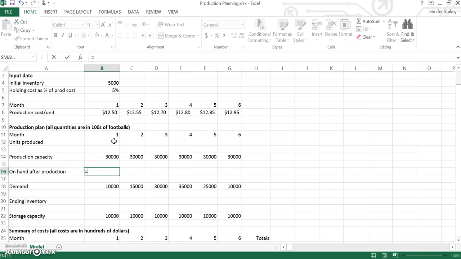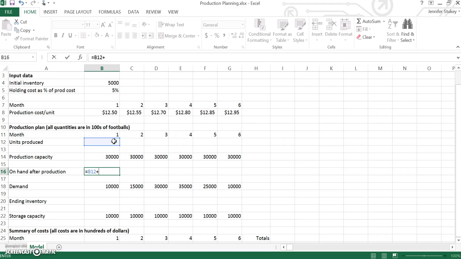So you're going to do equals, and we're going to select this B12, which is the number of units produced for month 1. We're selecting that even though it doesn't have anything in it yet. Remember, we're going to have Solver tell us what numbers should be there.